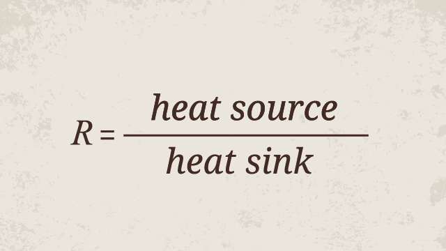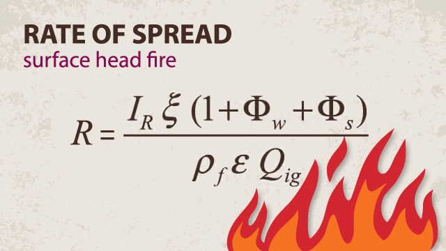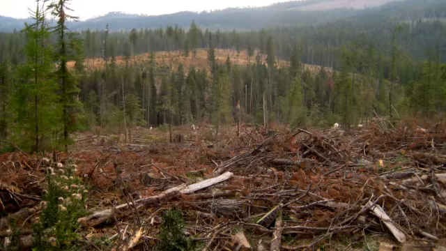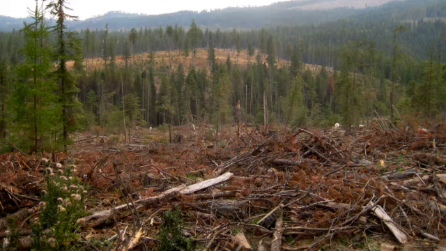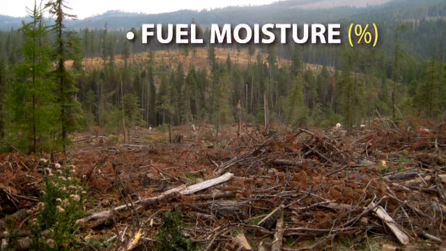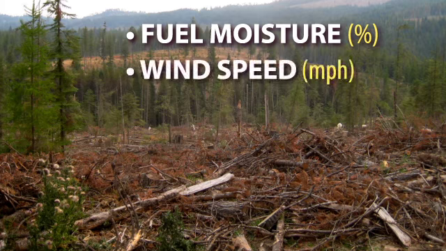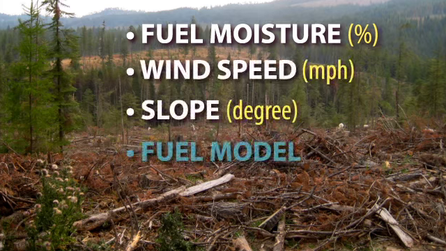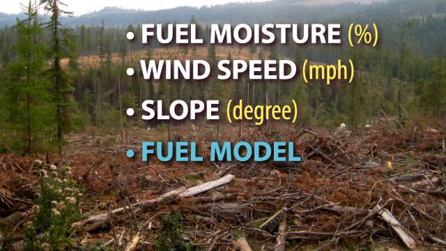This is Rothermel's surface fire spread model, where R equals the surface fire rate of spread. Rothermel's model does not require any information about a fire, only about the environment in which a fire occurs. Therefore, it requires the following inputs. Notice that one of the inputs needed is a description of the fuel that is burning, or a fuel model.